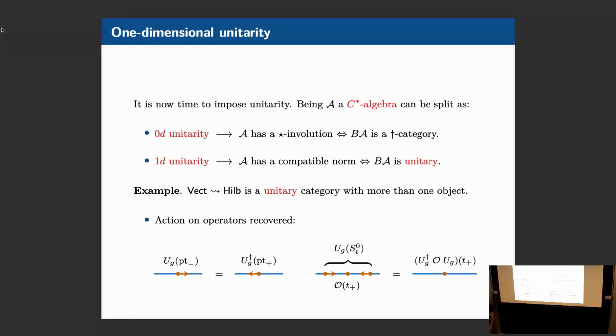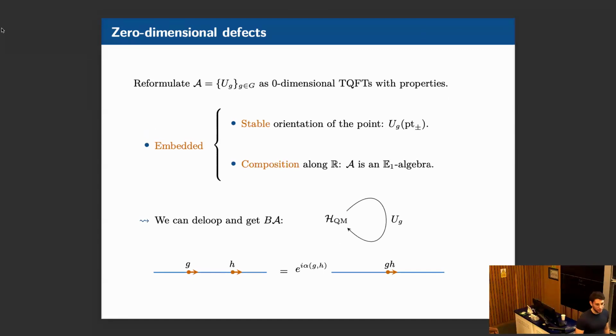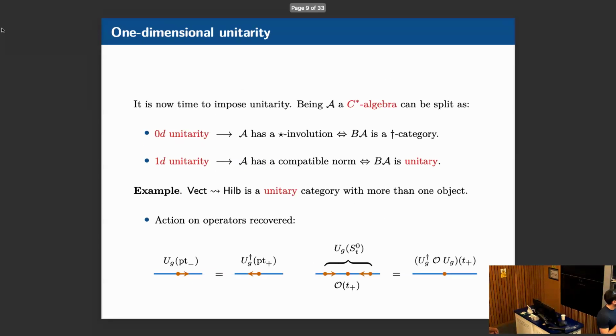Yeah. Other questions? Good. So, okay, as I said, this is just taking into account the fact that we have points embedded into a line. Now let's take care of unitarity. And as I said, for unitarity, we know the answer. It is just saying that this algebra A needs to be a star algebra.